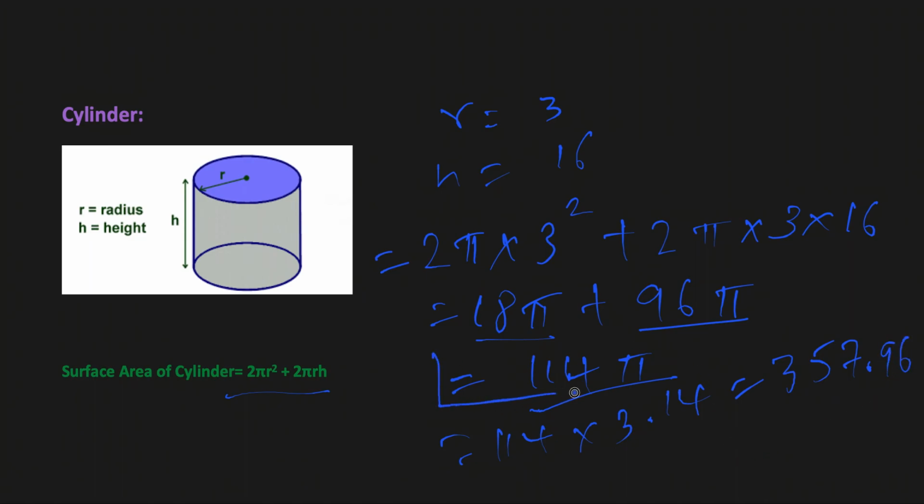It's also okay to leave it in terms of pi, but if required, you can replace the pi value with 3.14. And in this case, for a given cylinder with radius 3 and height 16, we get the surface area of the cylinder as 357.96.